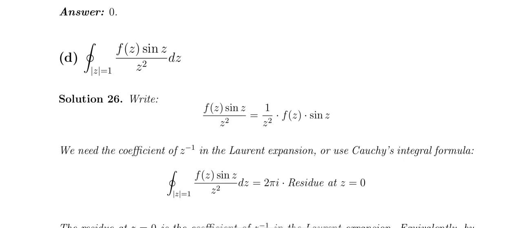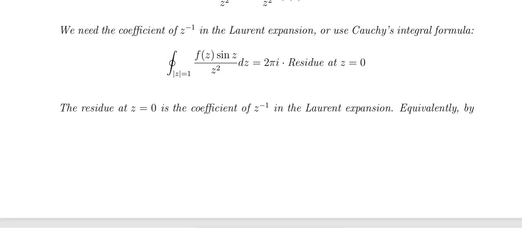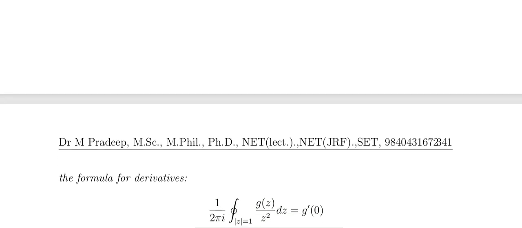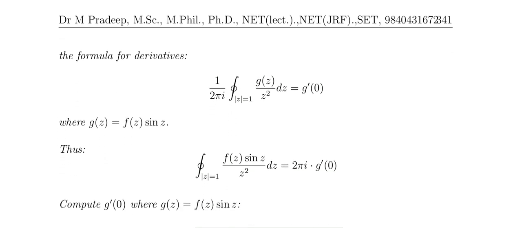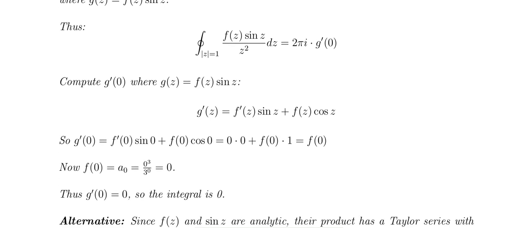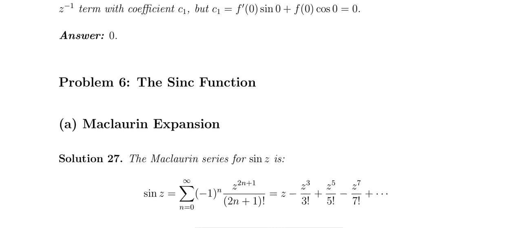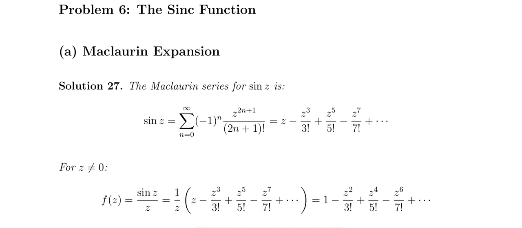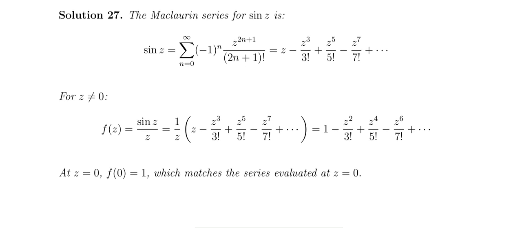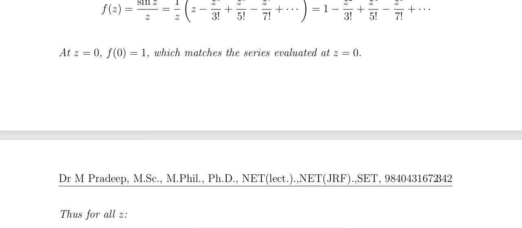This is some other problem. The problems will be a little easy only. We'll try. Mostly look at the problems that come in power series. These are some series, the Maclaurin series for this one.